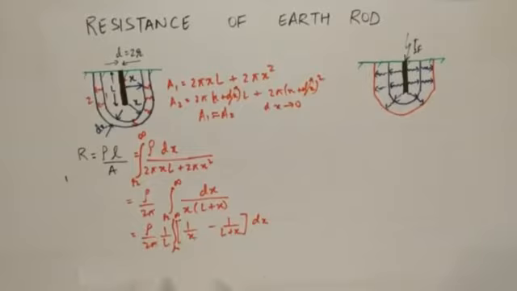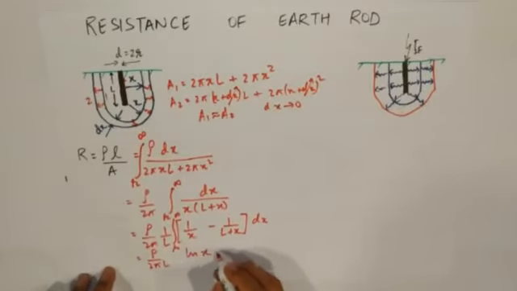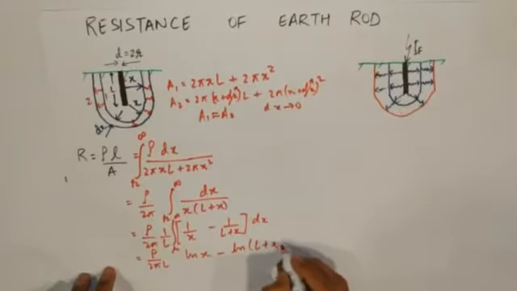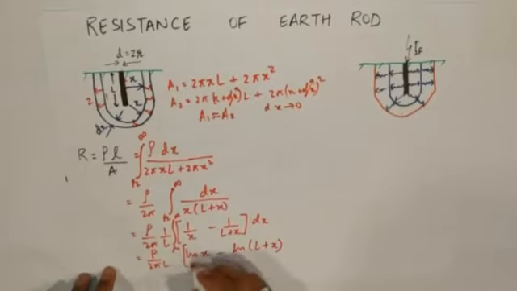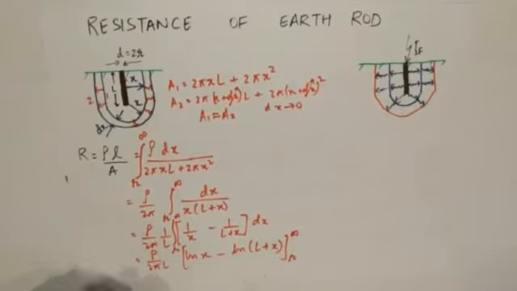Now the integral of 1 by x we know is ln x, minus, for this it will be ln, that is natural log, of L, the length of the rod, plus x, from lower limit R to infinity, the upper limit.